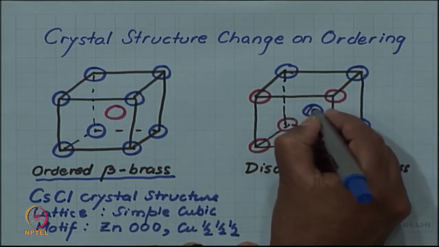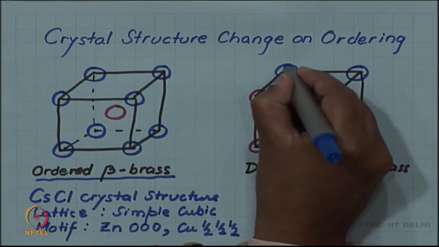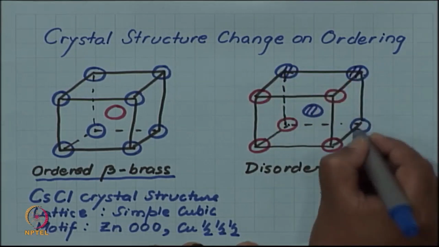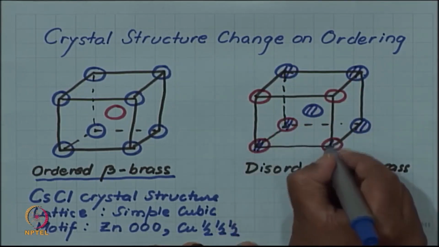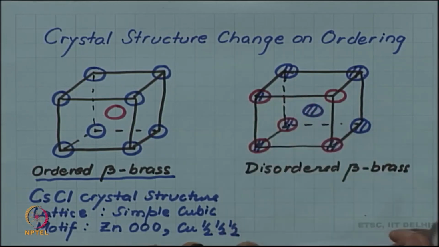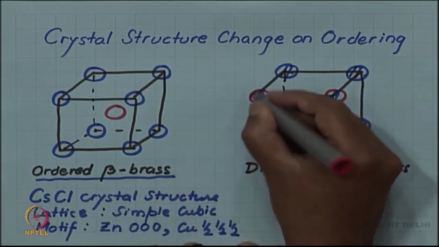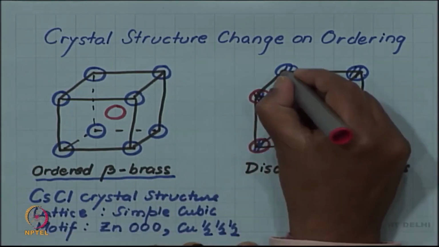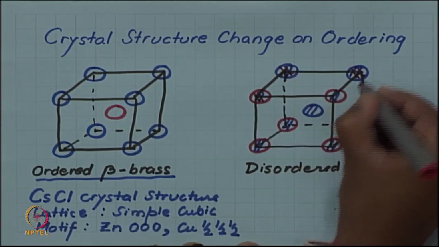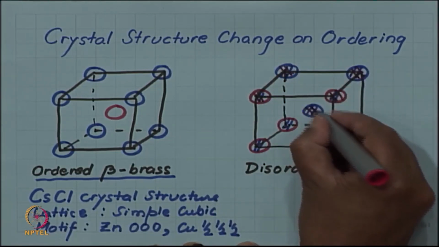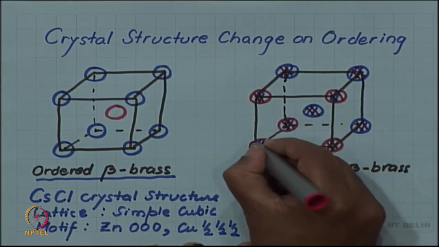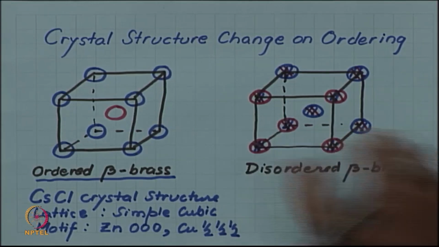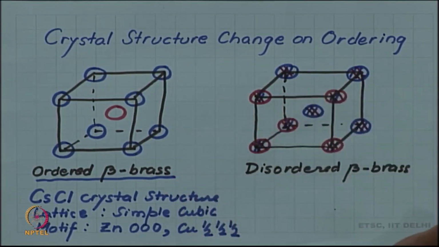So, let me draw two blue lines to show 50% probability at these locations of zinc atoms, but there is also 50% probability of these locations being copper atoms. And whatever experiments you do, for example an X-ray experiment, it appears that the two atoms are equivalent.